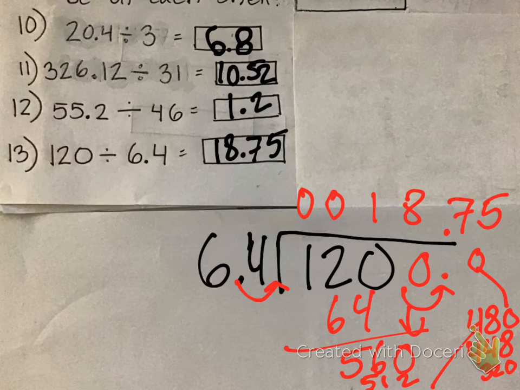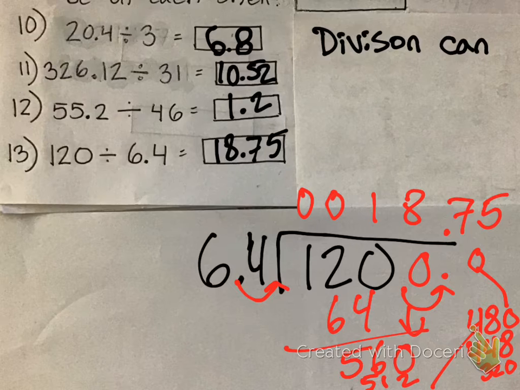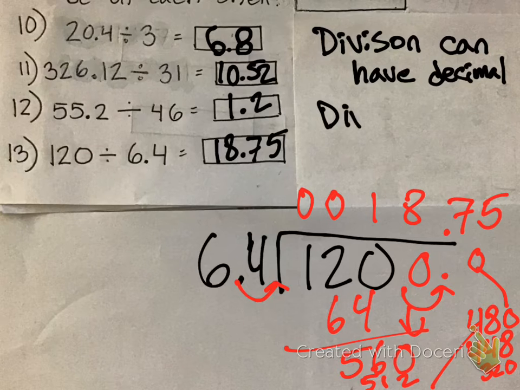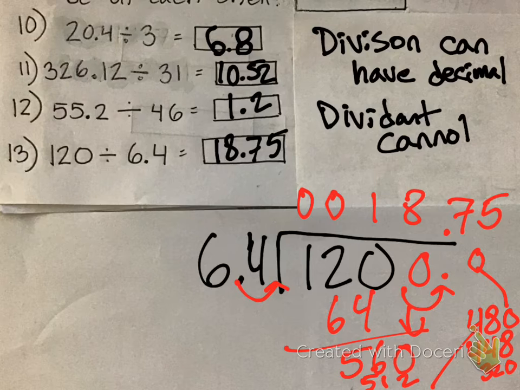On your paper, you'll have enough room to show the long division. On mine, I did not. But the important rule to remember is that your divisor can have a decimal, but your dividend cannot. That's the important rule to remember.